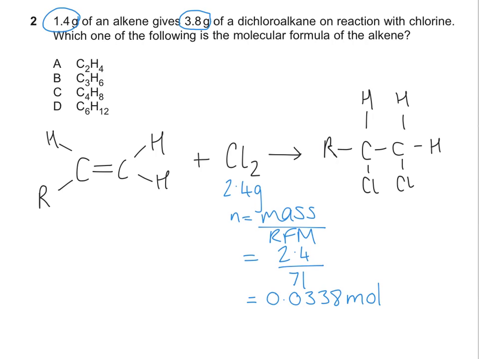Then we can work out the number of moles of alkene that we used by bringing this over to that part of the equation. We can see that it's a 1-to-1 ratio, and so we used 0.0338 moles.